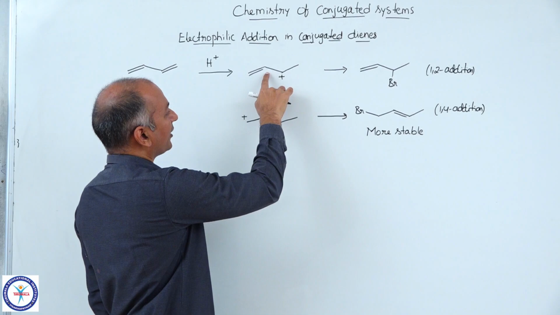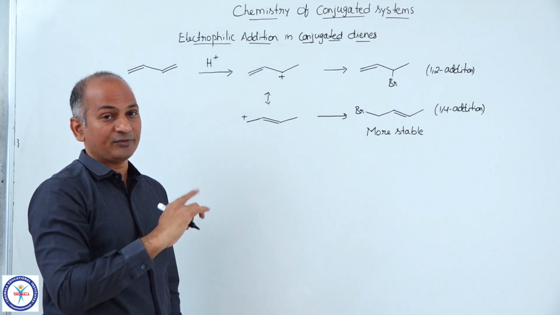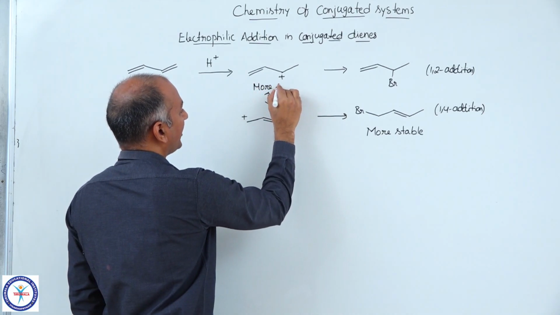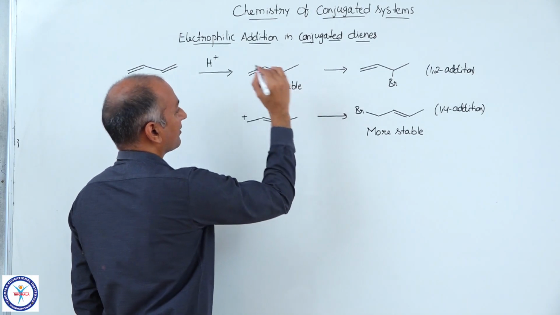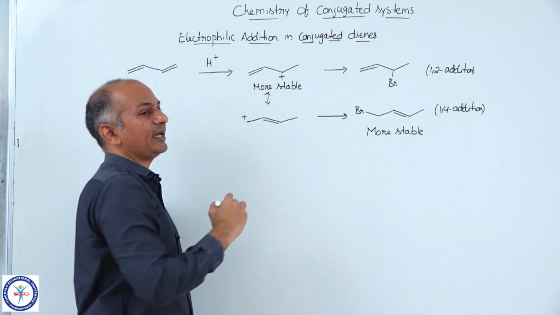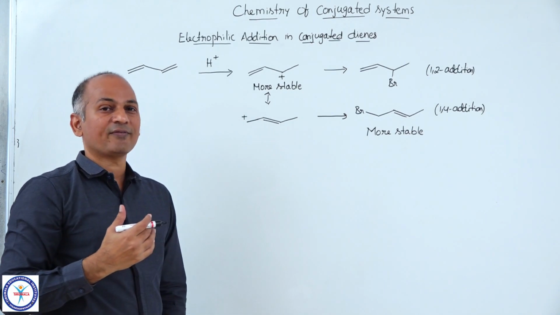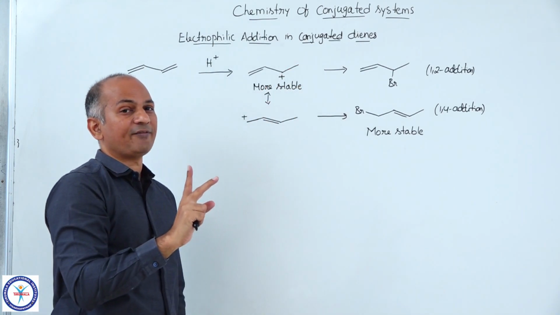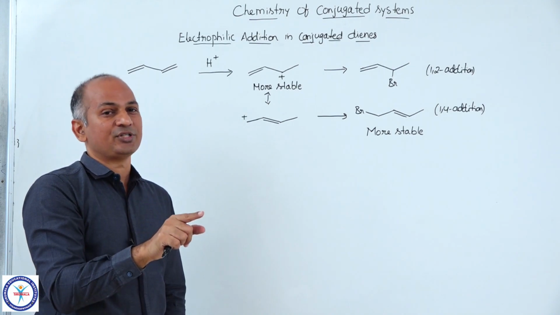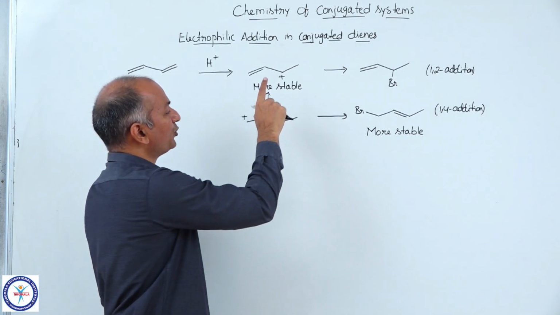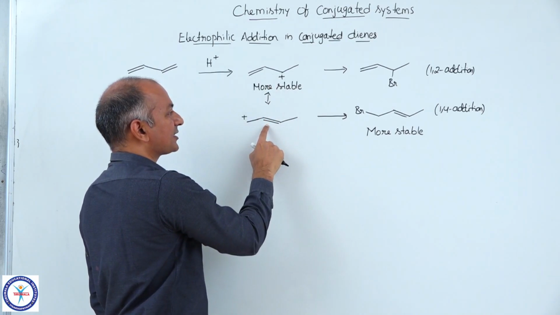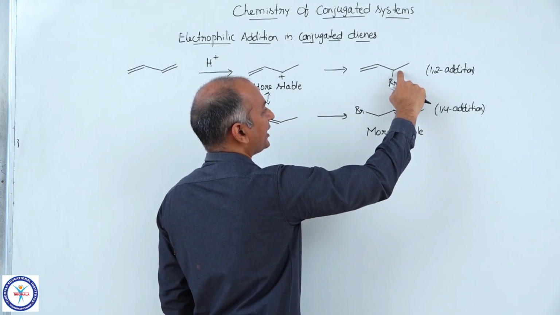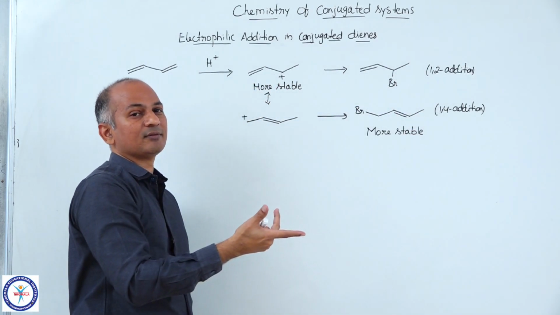Now, out of the two resonating structures, this one is more stable and its contribution is greater, because here the plus charge is stabilized by hyperconjugation and inductive effect; CH3 is an electron donating group by both effects. So in terms of carbocation resonating structure stability, this is more stable, but the product coming from that particular resonating structure is not more stable.